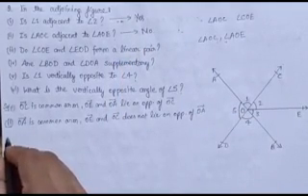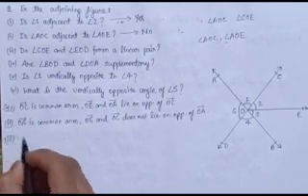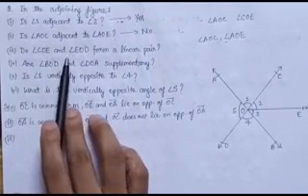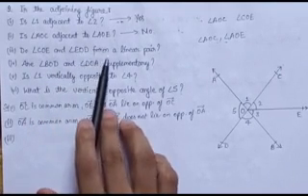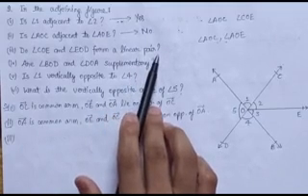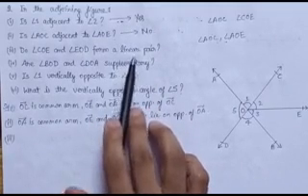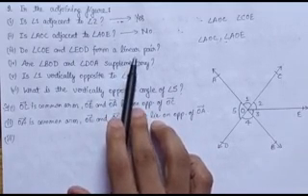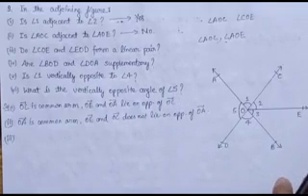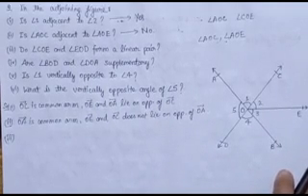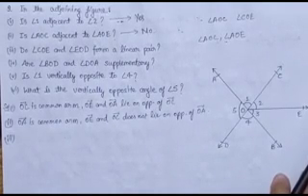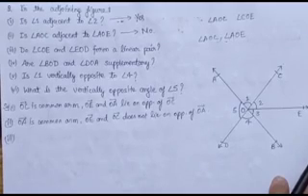Now, let us see the third part. Do angle COE and angle EOD form a linear pair? So, students, you know what is the condition of a linear pair? Two adjacent angles are said to form a linear pair if their non-common arms form two opposite rays.